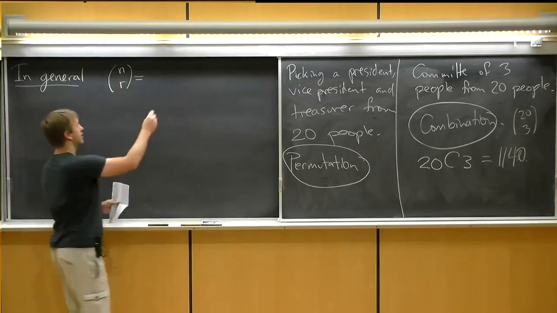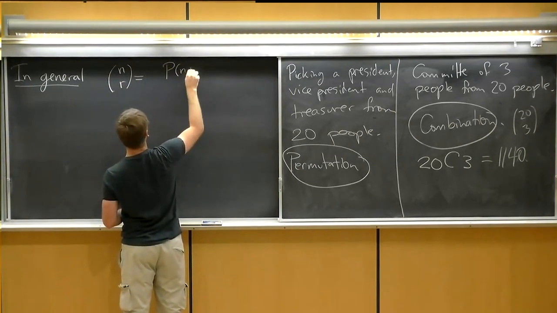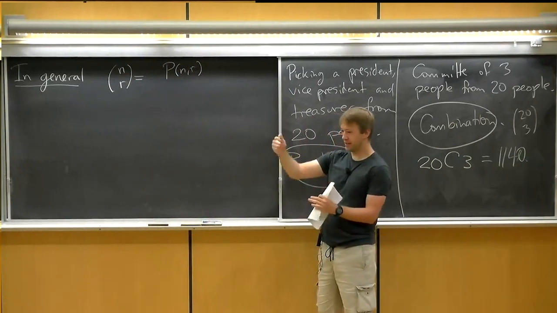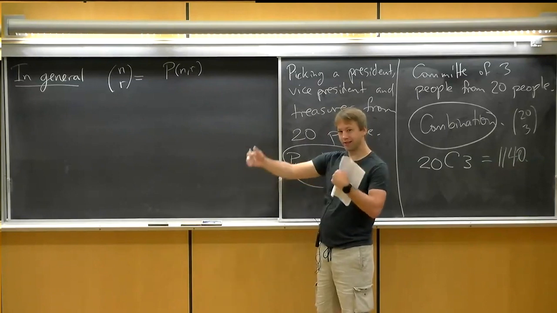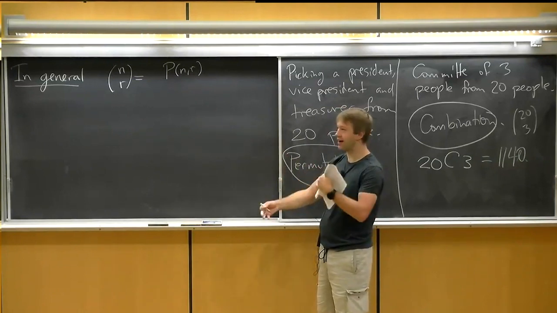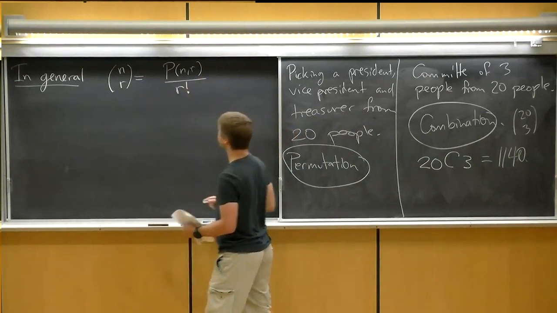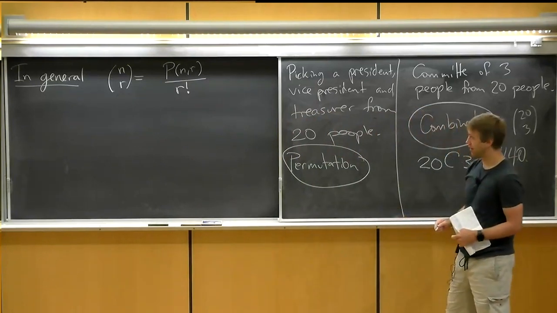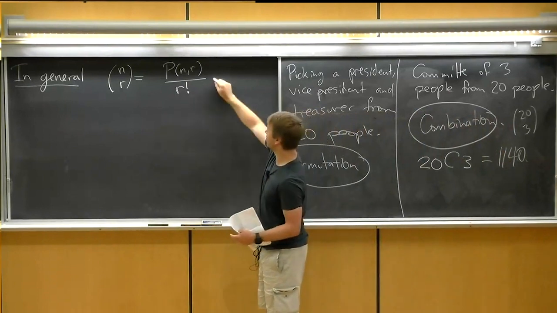You can first take a permutation, which will select these people in an ordered fashion, but then you realize that counts the committees too many times, and how many times does it count them? R factorial. Right? So in general, you should be dividing by R factorial.